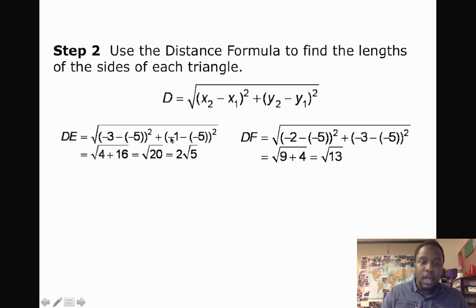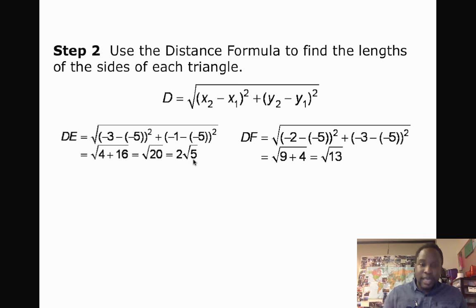And for y, -1 minus -5 ends up being 1 plus 5, which is 4, and 4 squared is 16. So then we end up with the square root of 4 plus 16, which equals the square root of 20, which we can then rationalize the radical, and this will be 4 times 5, and we get 2 radical 5.